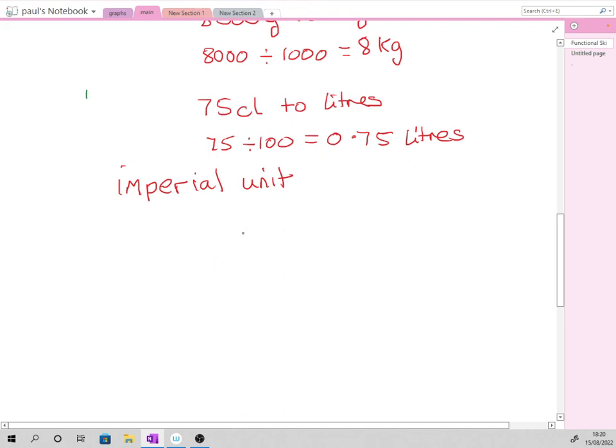I think when a baby is born and you ask what's the weight of the baby, they might say 6 pounds, 8 ounces. We default to the pounds and ounces rather than go for the kilograms.